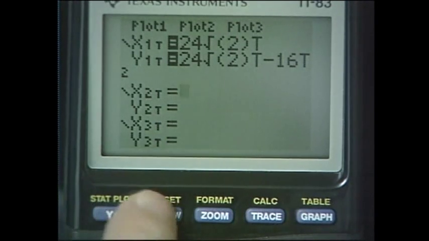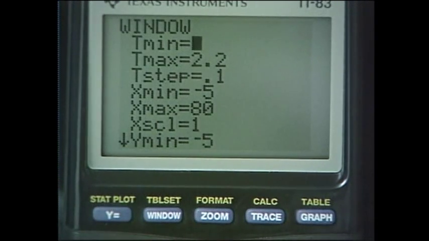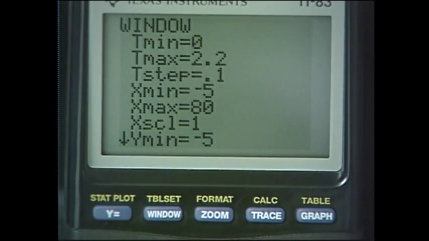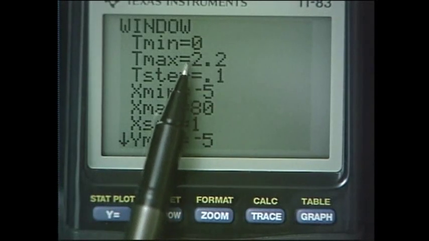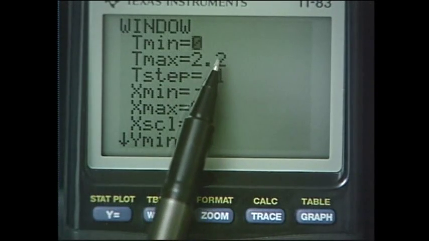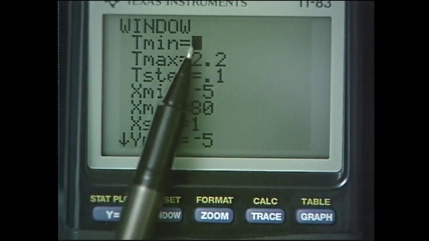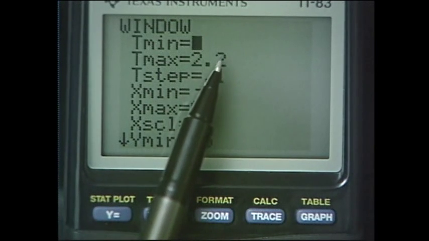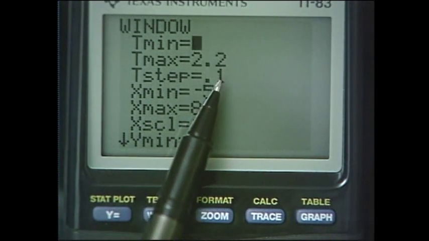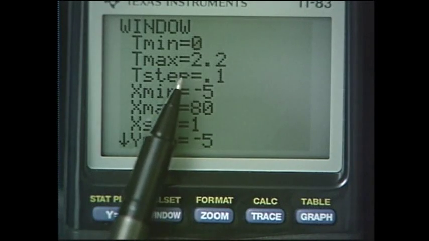Now the window settings will mean little to you at this point, but we'll be coming back to these settings from time to time. A t minimum of 0 and max of 2.2 means that I'm setting our time between 0 and 2.2 seconds, and the t step is 1/10, and we'll be changing that from time to time in our discussion here.